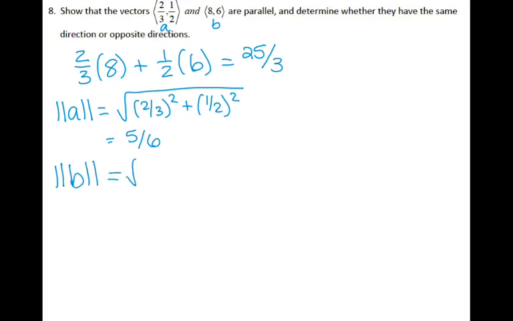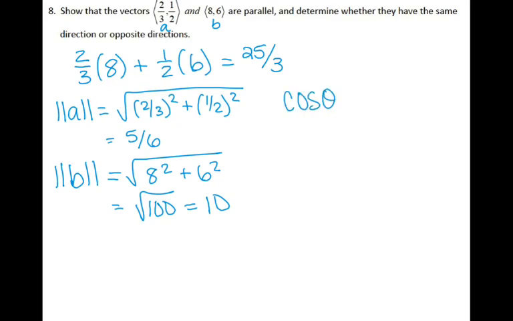The magnitude of B is going to be the square root of 8 squared plus 6 squared. Oh, square root of 100. I feel like I should have known that, which gives me 10. Okay, now for the angle in between, I have cosine of theta equals my dot product divided by my two magnitudes. That should be 10, not 100.